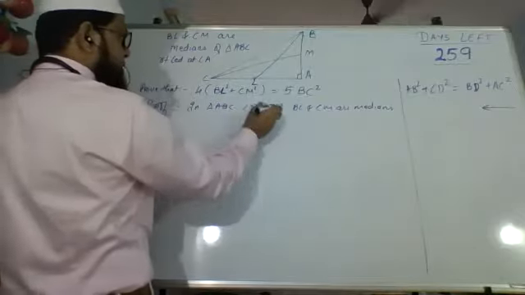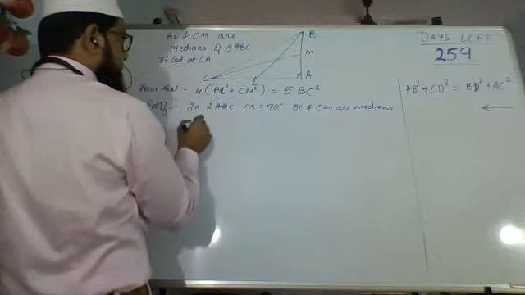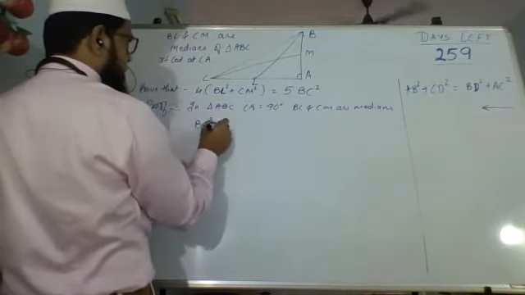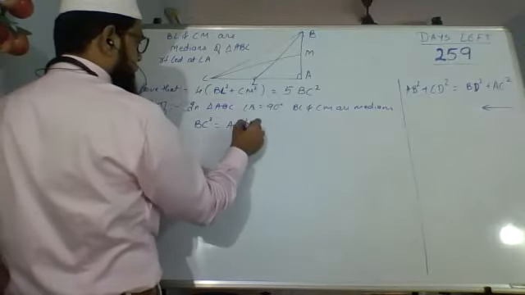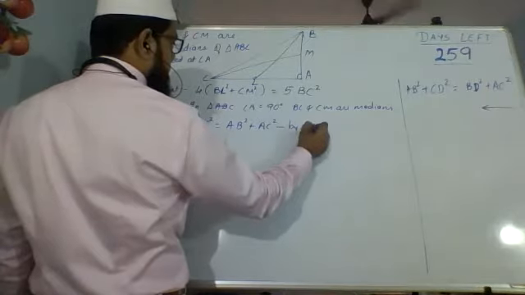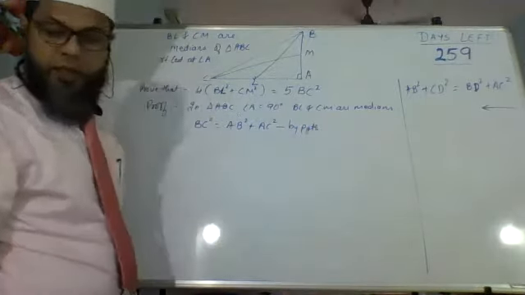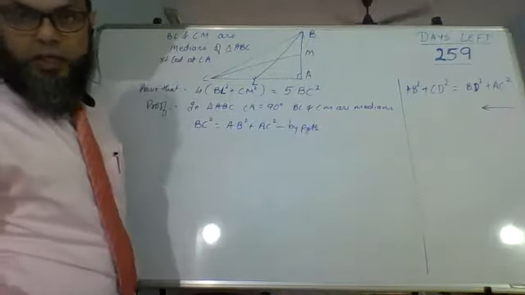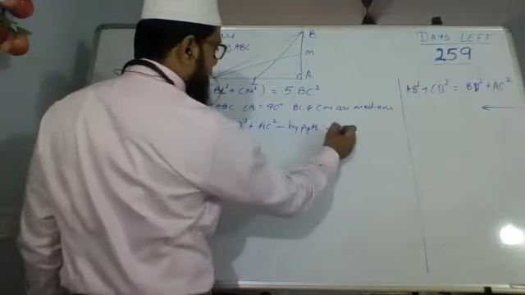So in triangle ABC, angle A equals 90 degrees. Therefore, BC square equals AB square plus AC square by Pythagoras theorem. I'll call this equation number 1.